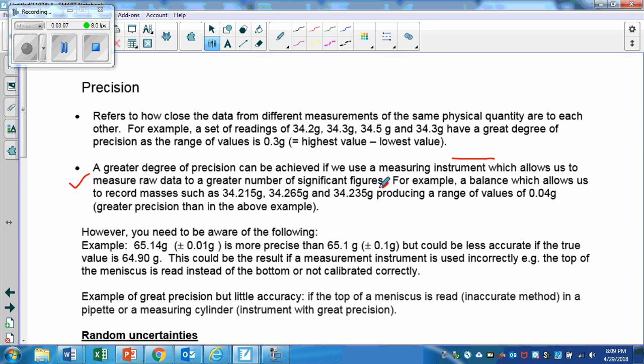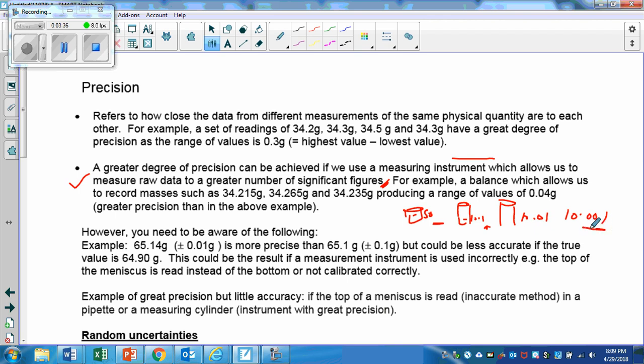So instead of having a beaker that just tells you this is 50 milliliters, I need a graduated cylinder that can tell me 10.1 milliliters. But even then, I can have one that can tell me 10.01 or 10.001. So you see that the more significant digits I can get, the more precise the data will be, rather than having a whole number or one decimal place.